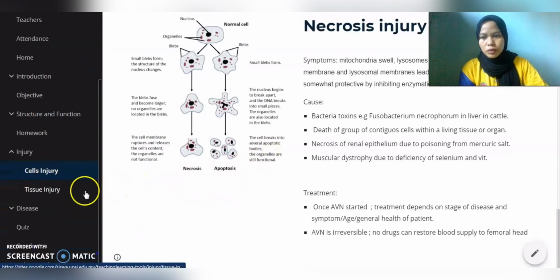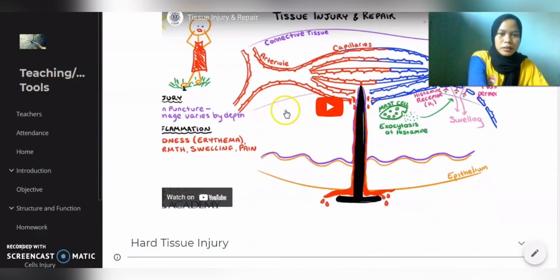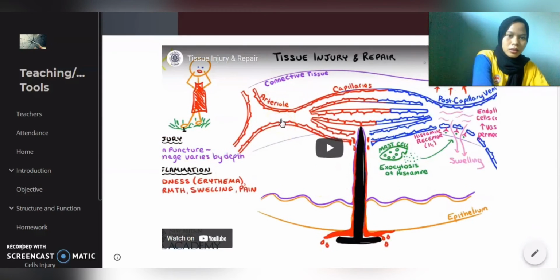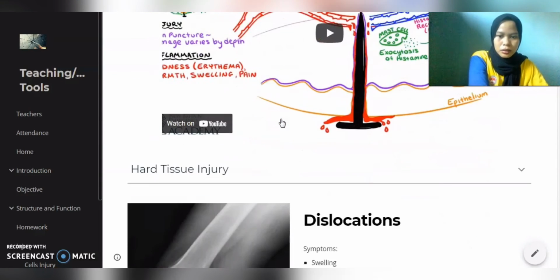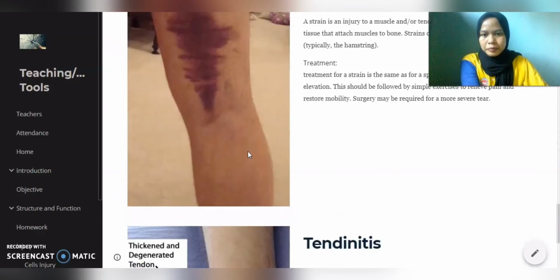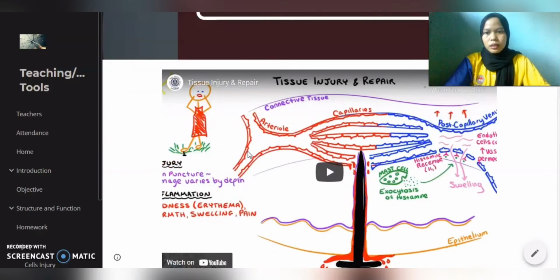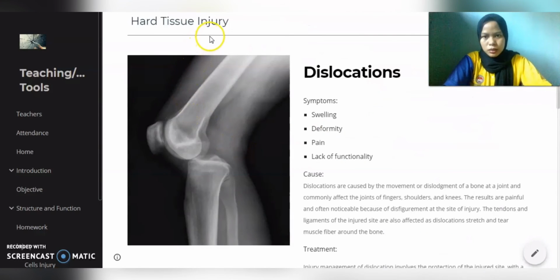So we move on to tissue injury. There are videos here, and tissues have 2 types of injuries too. The first one is hard tissue injury.